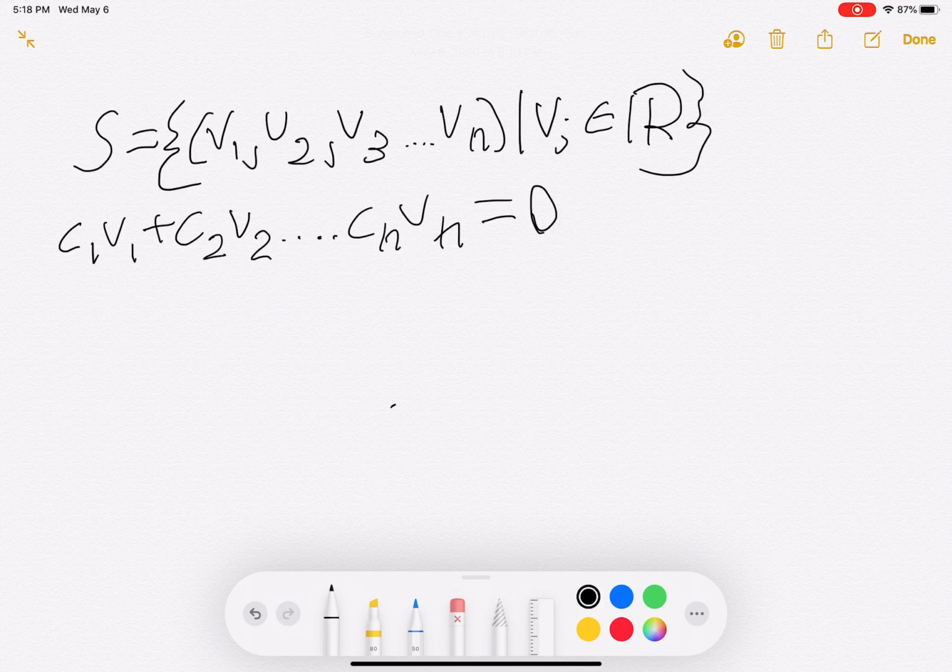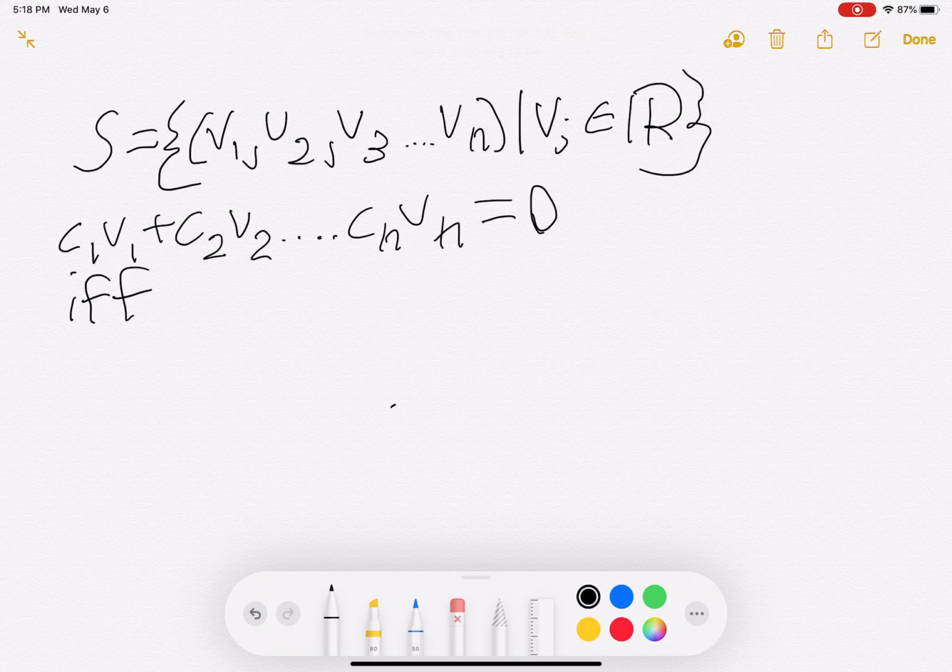So this statement, this set of vectors would be dependent if and only if, right? That's sometimes denoted using two f's.